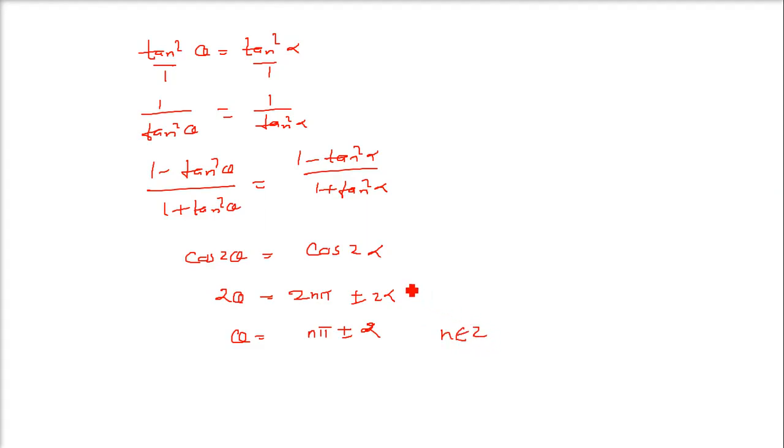So for any of these, sin square theta equal to sin square alpha, cos square theta equal to cos square alpha, or tan square theta equal to tan square alpha, the general solution of this kind of equation is theta equal to n pi plus minus alpha, where n belongs to z.